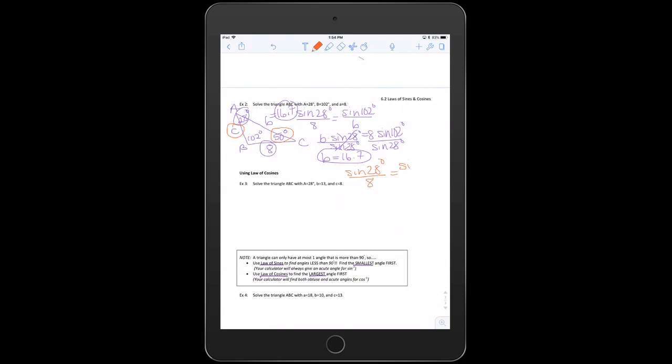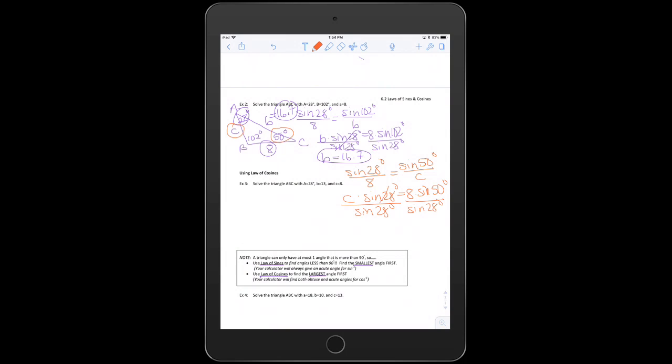So I set this equal to the sine of 50 degrees over the length of its opposite side, c, which I'm looking for. Cross multiply, and you get c times the sine of 28 equals 8 times the sine of 50. To solve for c, divide each side by the sine of 28 degrees.